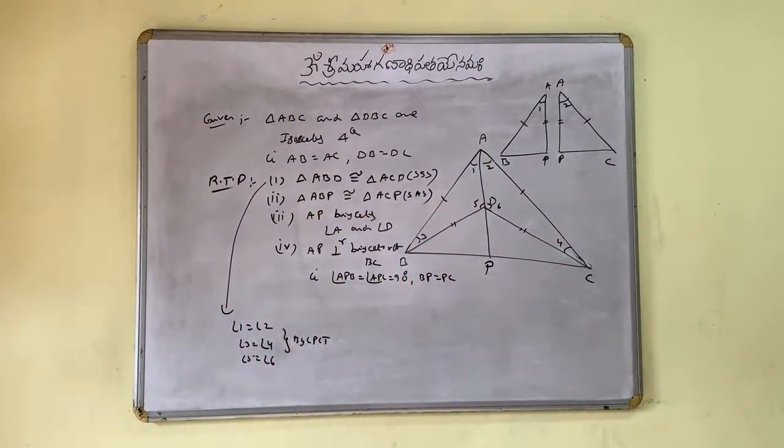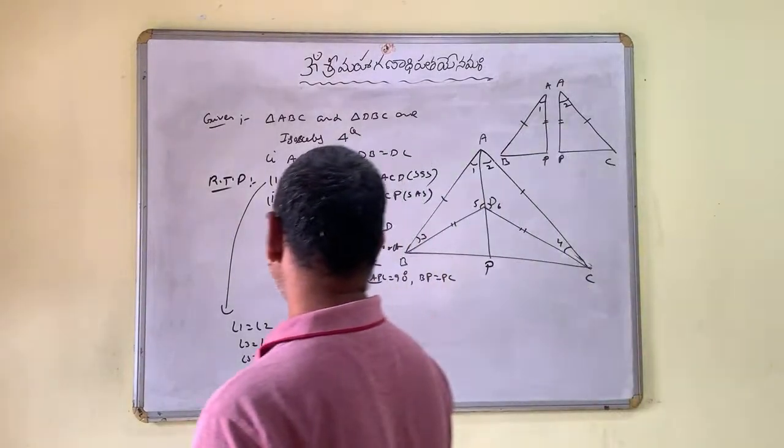By SAS congruency criteria, triangle ABP is congruent to triangle ACP.